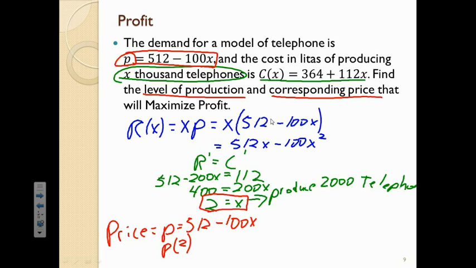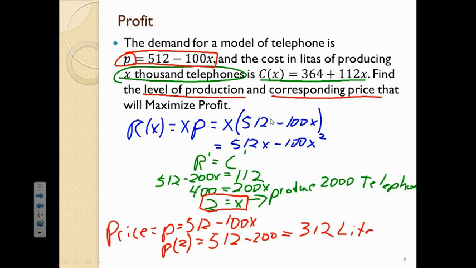X stays in thousands, so we don't do a P of 2,000, we do a P of 2. So that's going to be 512 minus 100 times 2, which is 200. So we'd say that the price should be 312, and we were working in litas, just straight litas, not thousands of litas.